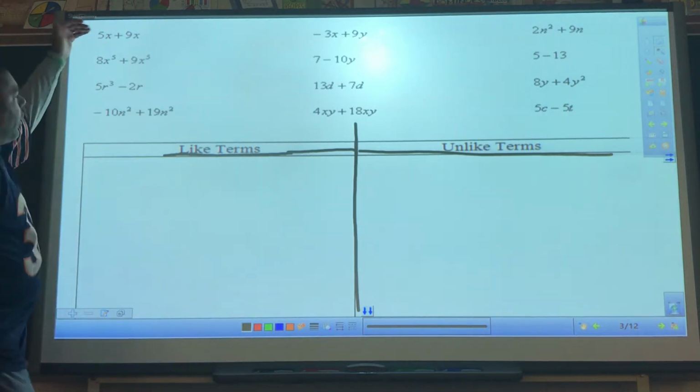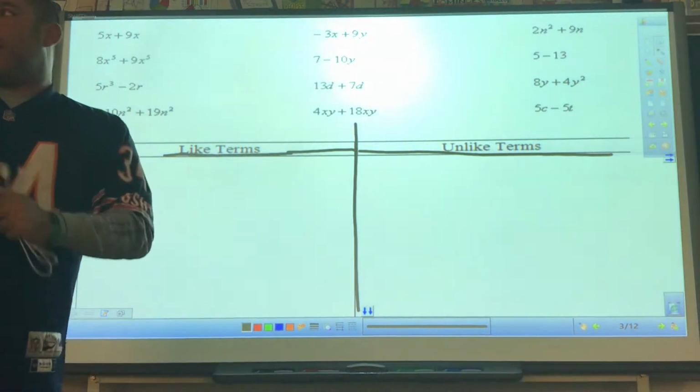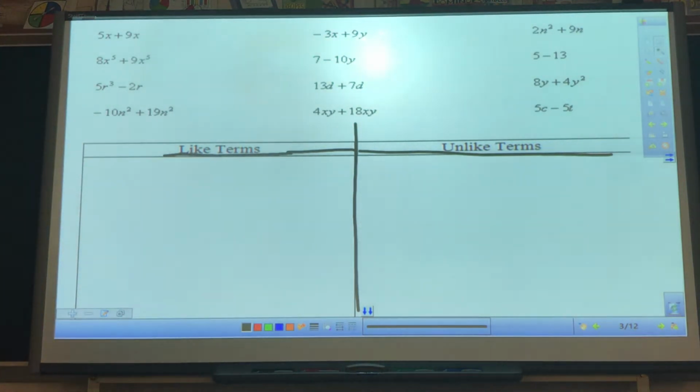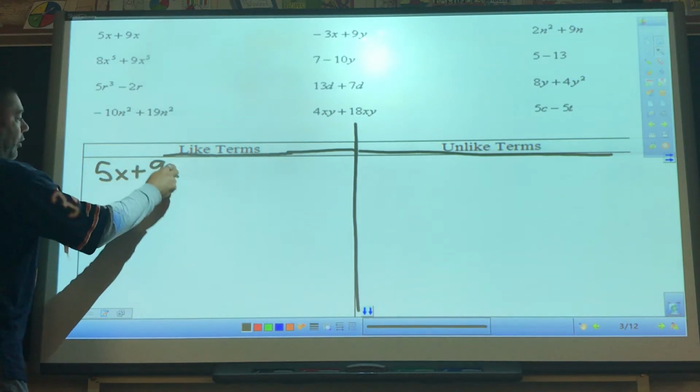So, let's start with ones that are like terms. As I look through this list, I'm looking for problems that have the same variable, same letter, and they have to have the same exponents on that variable. So, this first one, 5x and 9x, they both have an x. Those are like terms.